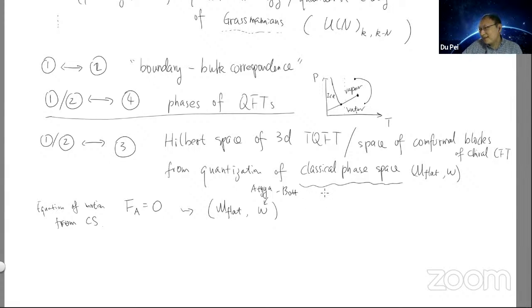But this is a classical phase space, and a quantum field theory is obtained by quantizing the classical phase space, and instead has a Hilbert space.